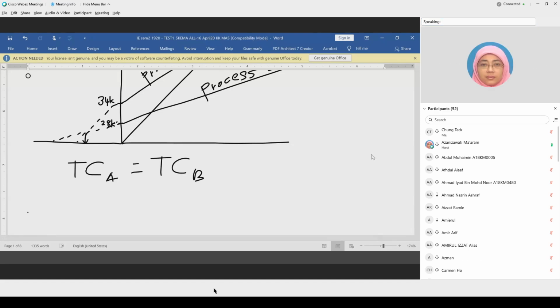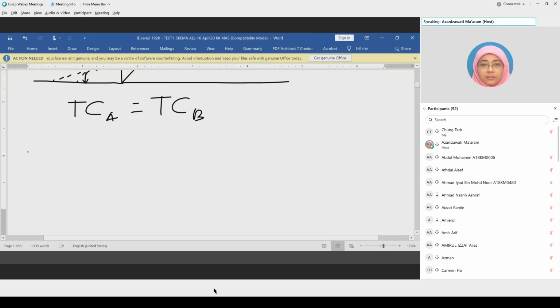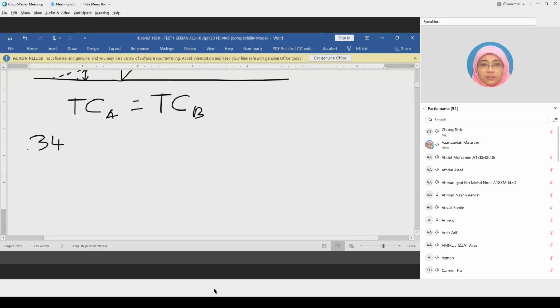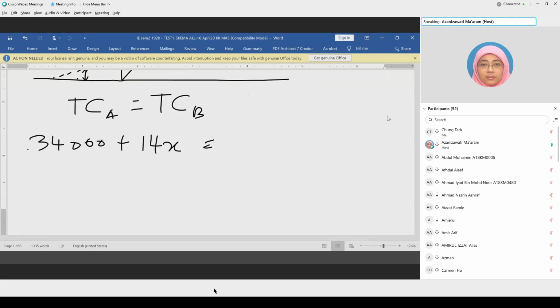What is the total cost for TCA? 34,000 plus 14X equals TCB. What is TCB? 28,000 plus 12X.